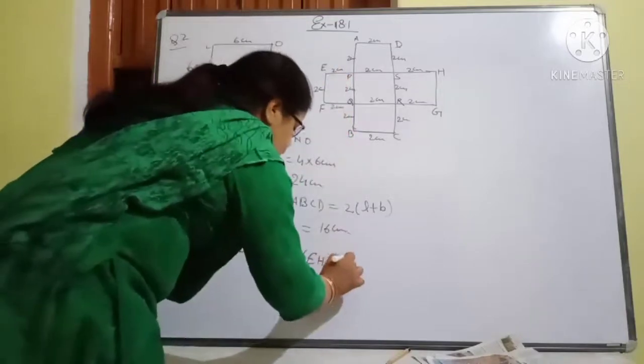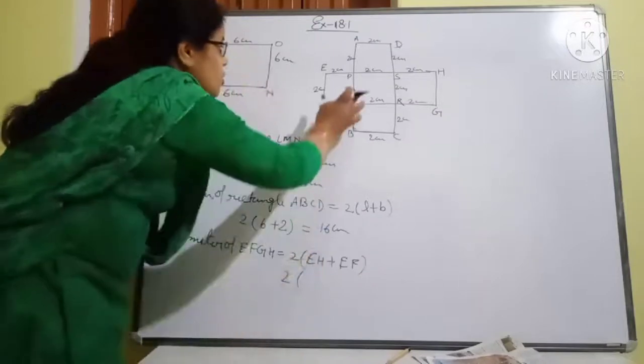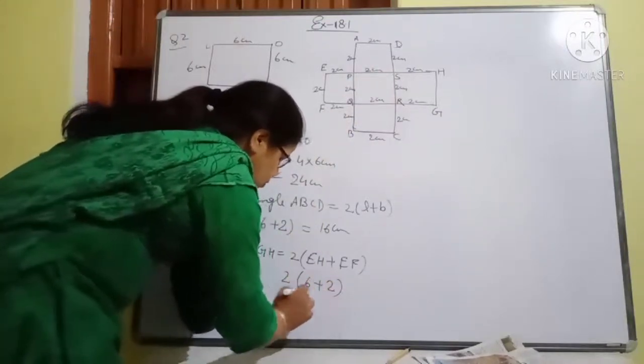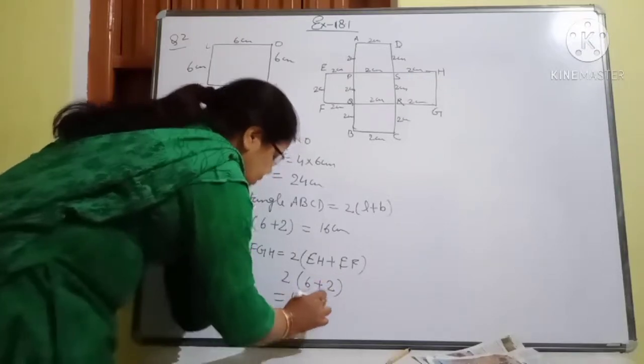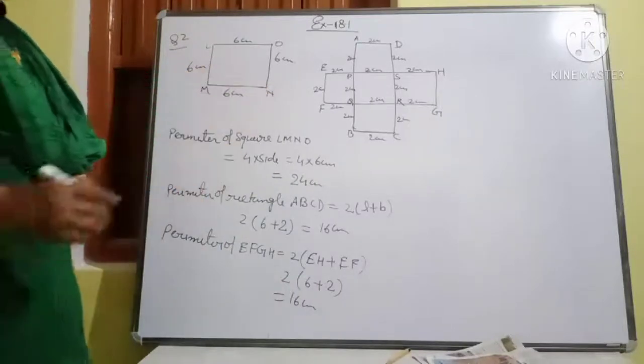EF. So it will become 2 into EH, how much, beta? 6 plus EF 2. So it will also come 8, 6 plus 2 is 8, 2 into 8 is 16 centimeter. So that is the perimeter of the given second figure.